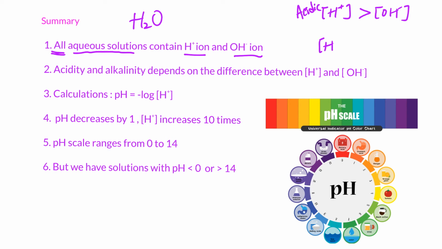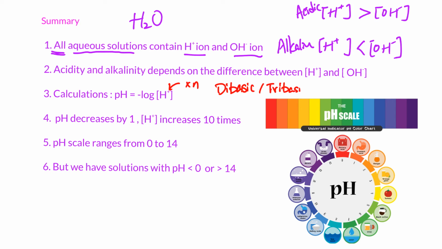But the other way around, if the H plus concentration is less than OH minus, then it is alkaline. You should learn how to calculate the pH. Remember, for H plus sometimes you need to multiply by n, especially for dibasic and tribasic acids. For example, for H3PO4, the molarity you have to multiply by 3.